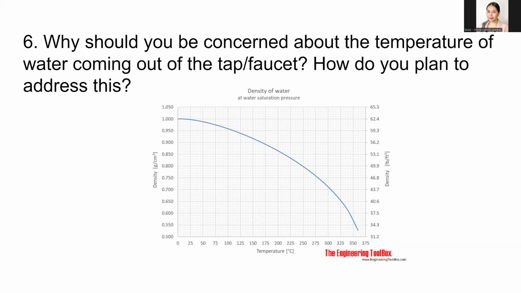Now, some of you tried to answer that you would find out the temperature of the water by using a thermometer. Well, that gives you information regarding the temperature of the water and therefore its density. However, it doesn't stabilize the temperature. It is still better for us to have the water at a stable temperature because at the end of the day, the temperature of the water also affects the reaction of the glasswares.